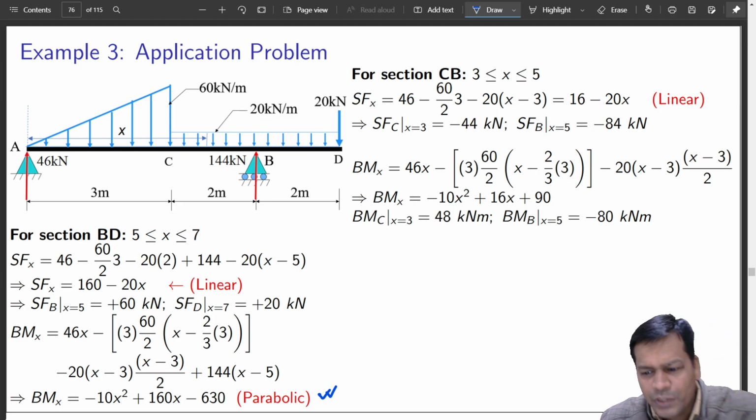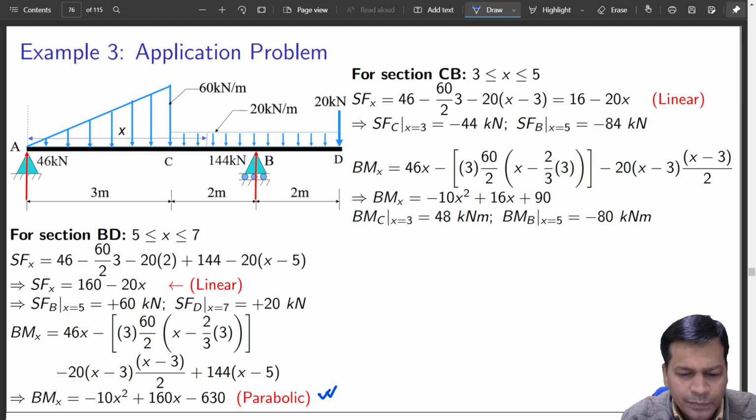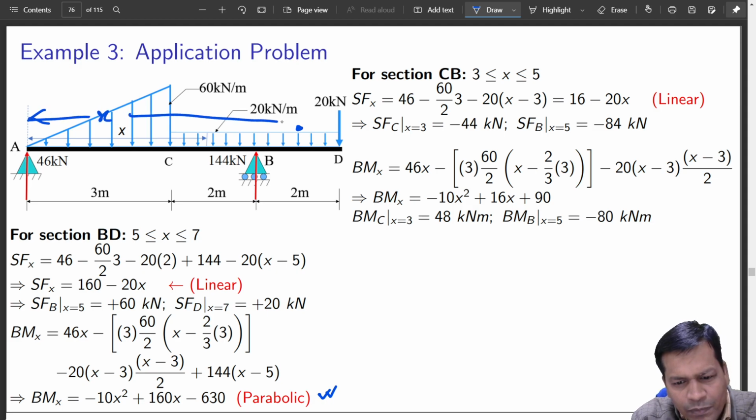Now there is a query, of course, that I have calculated even at this point all the way long from here to here and considered all the loads that are due to this, due to this, due to this. Why not? It can be done directly due to the part which is on the right side of it.